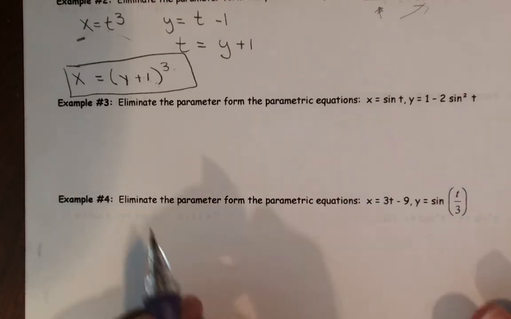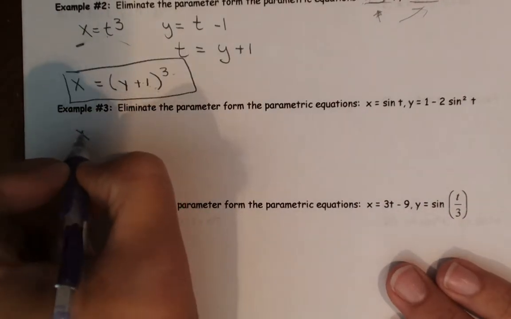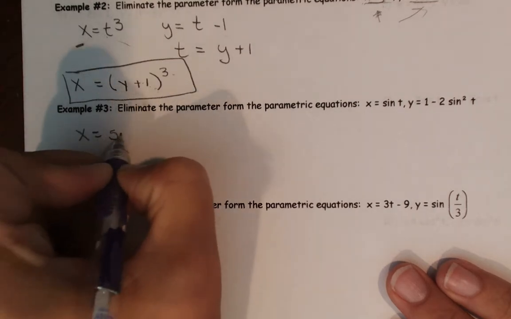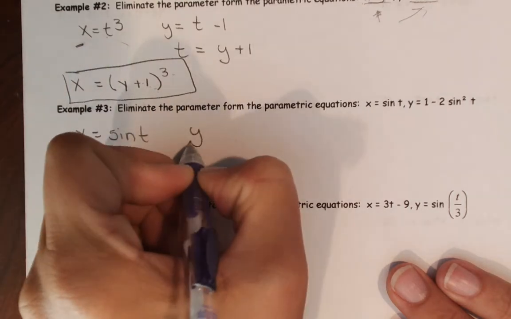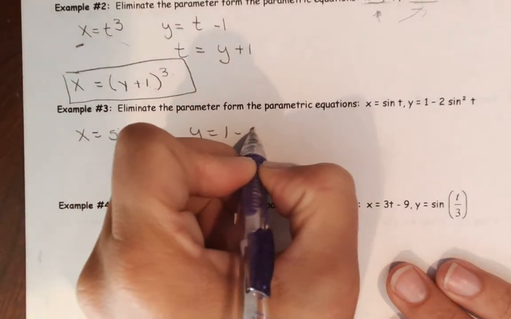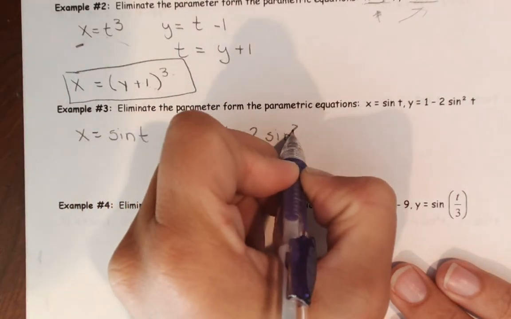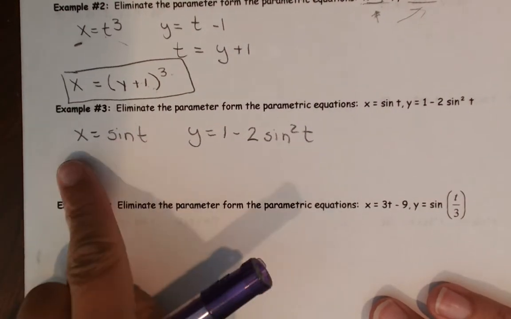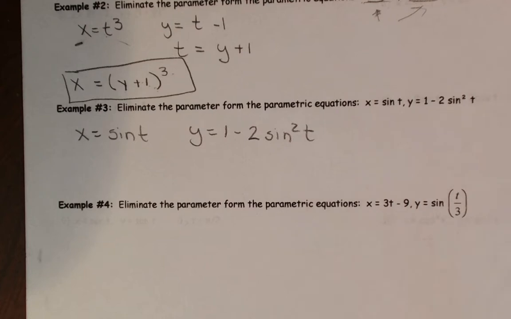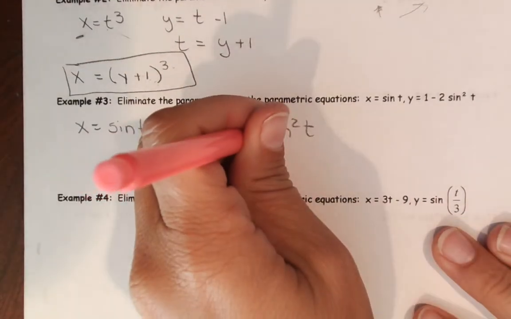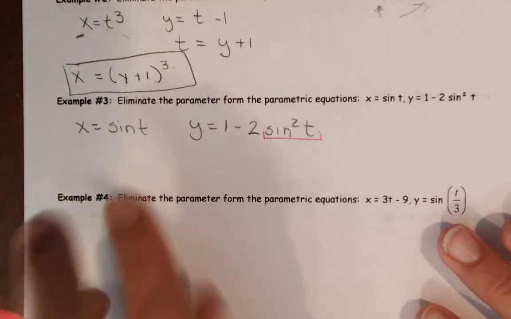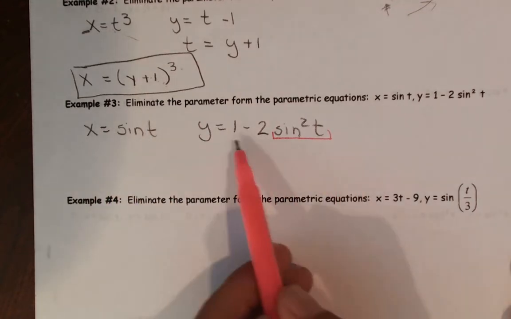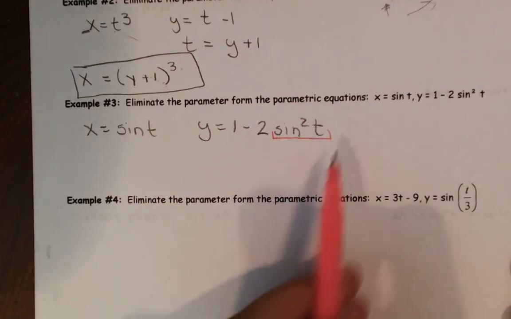Interesting. Notice here I have x equals sine t, and here I have sine t quantity squared.